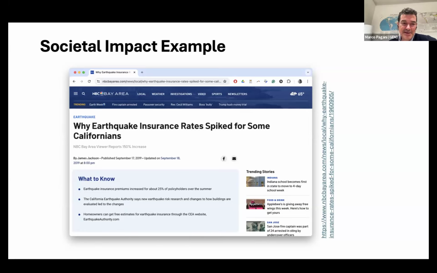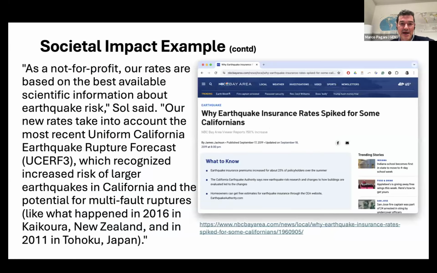The interesting thing here, well, maybe also a bit scary, is that this is a paper explaining that after the publication of the UCERF model, the UCERF model implied an increase of the risk to which California is exposed because of the potential for multi-fault ruptures, like, for example, Kaikoura.